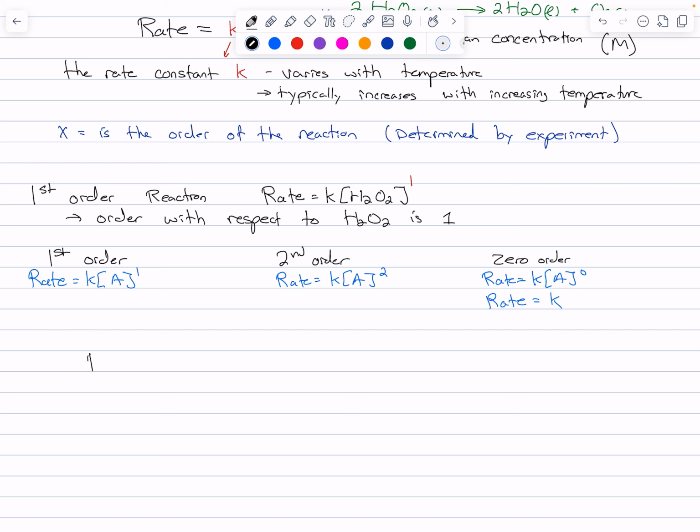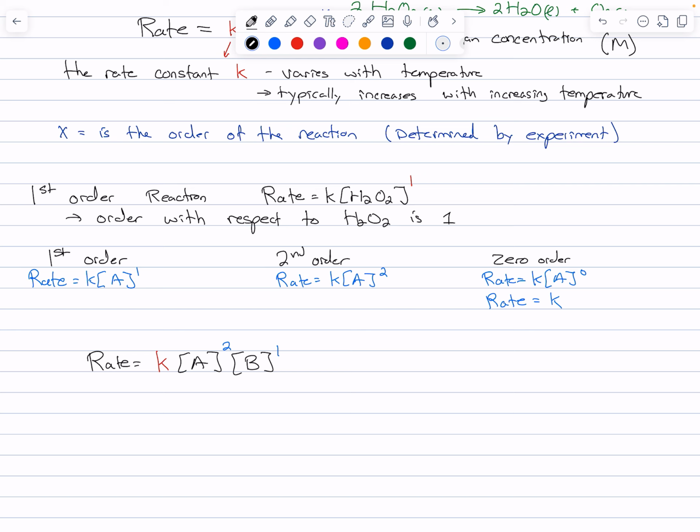So if I have rate equals your rate constant K times the concentration of A to the second power and concentration of B to the first power, let's say I have that rate law.